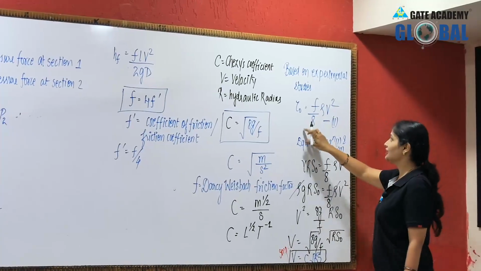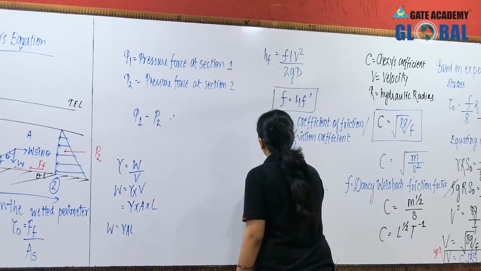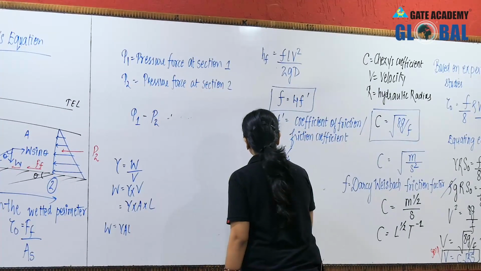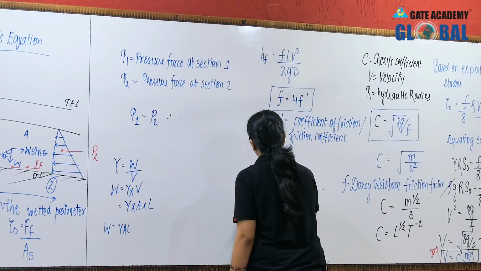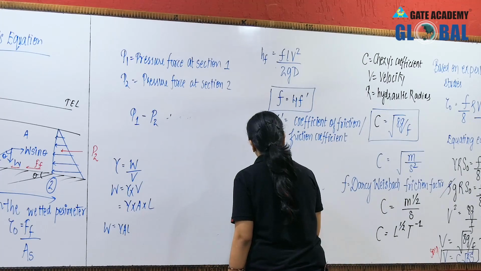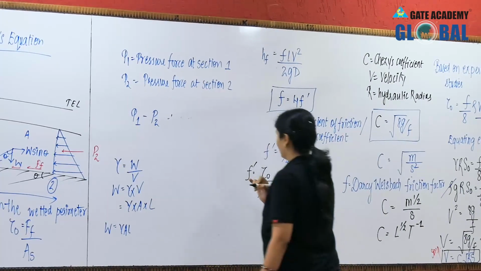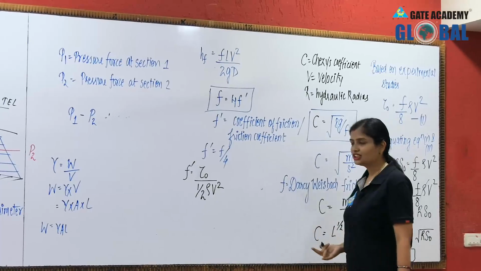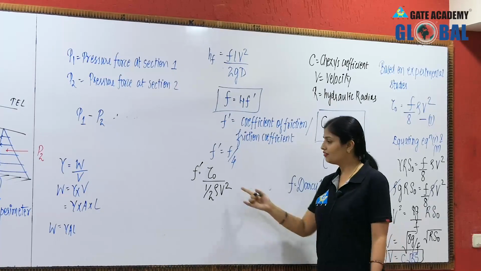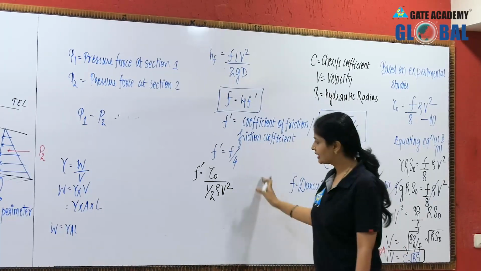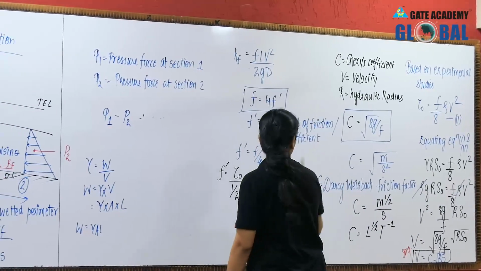Just for your query, in case you wonder how this f by 8 rho V square came, I am telling you that f dash, this friction coefficient, is equal to tau naught upon half rho V square, where V is your average velocity. This came based on your boundary layer.